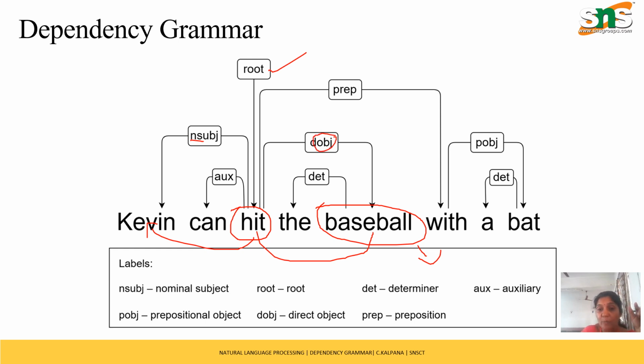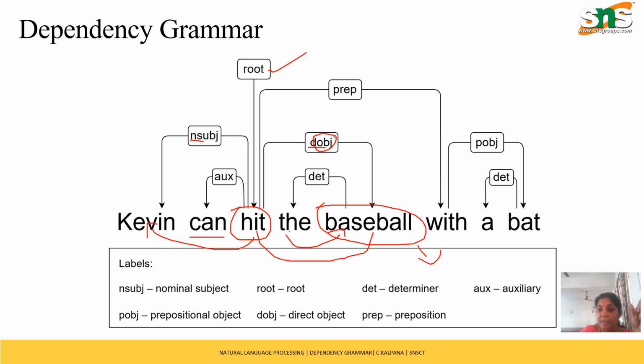Here dobj is written, where d is direct object. Next, the is related with baseball. So the is mentioning the baseball only. So det, the is the determiner, related with the baseball.